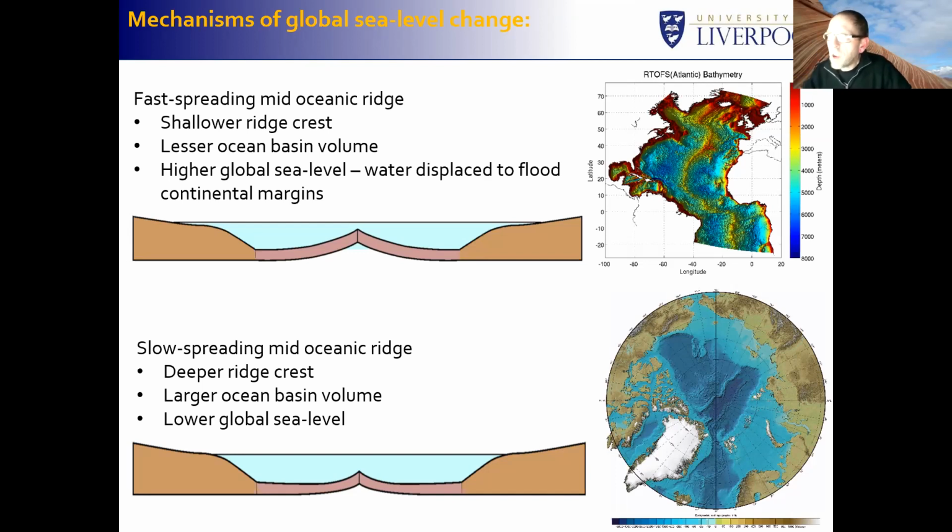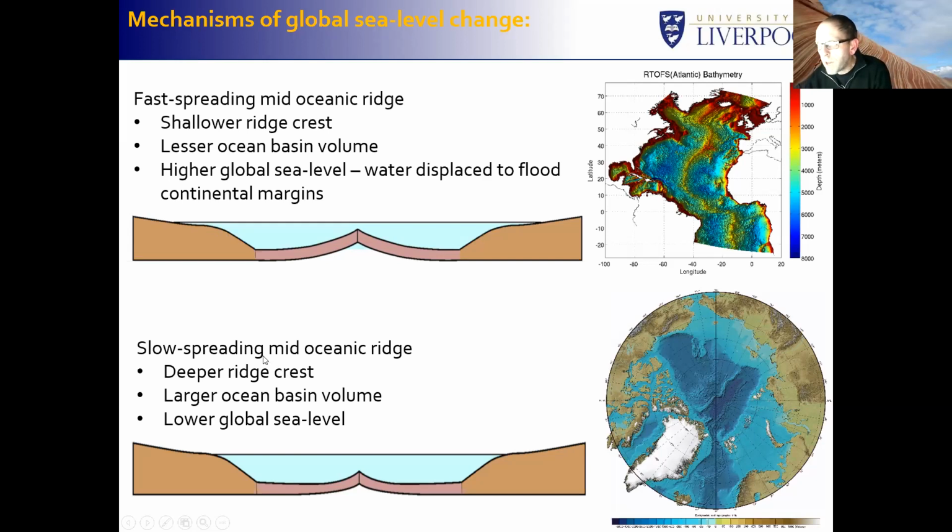If those ridges are relatively fast spreading, then they tend to be shallower, more elevated under the ocean surface, and therefore the ocean basin they're in tends to be smaller in volume, because the crust underneath the ocean basin is more elevated because the spreading is fast, with hotter asthenosphere nearer the surface, more buoyant. And water then gets displaced onto the continents as a consequence.